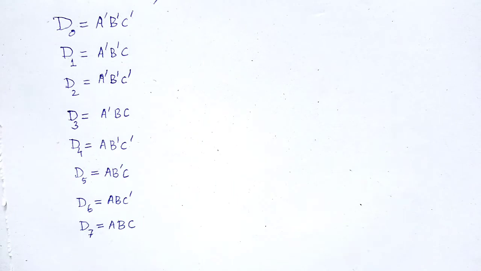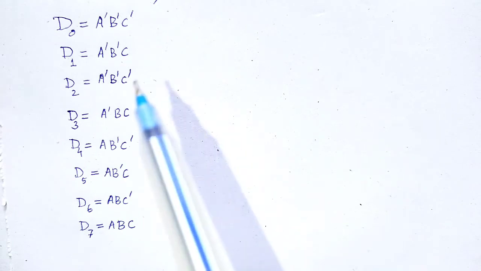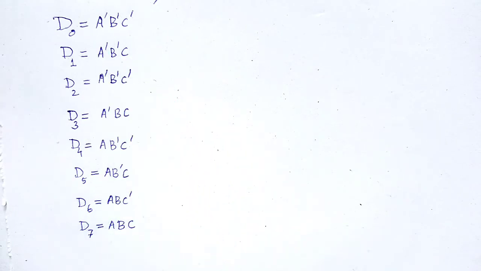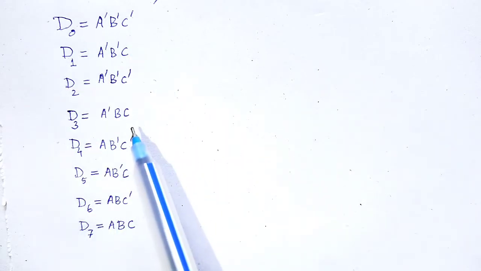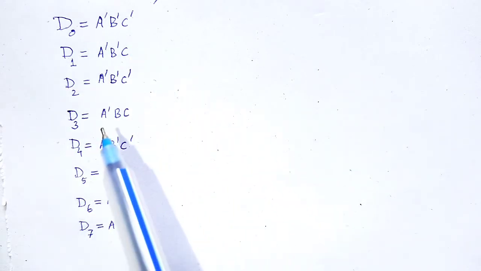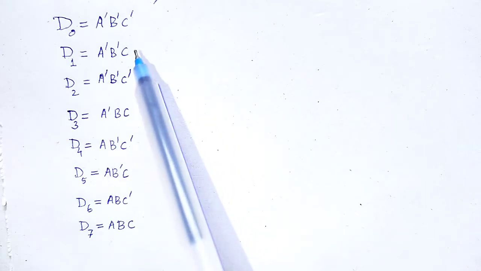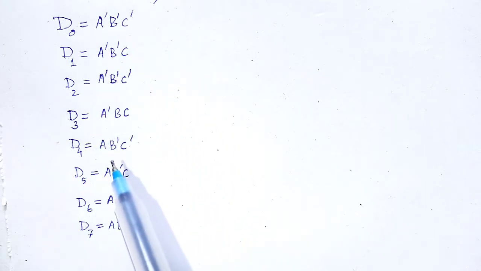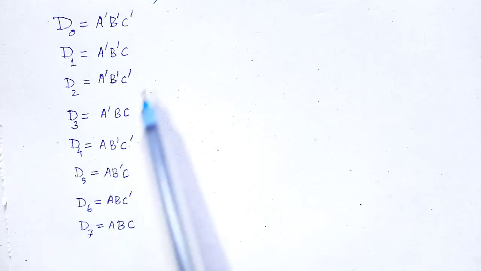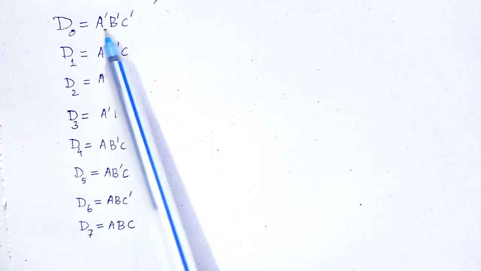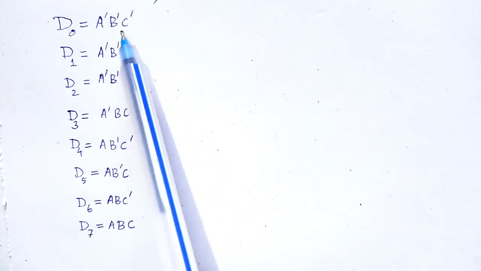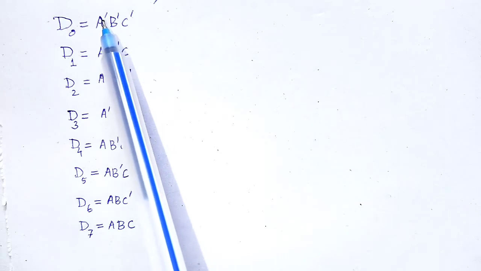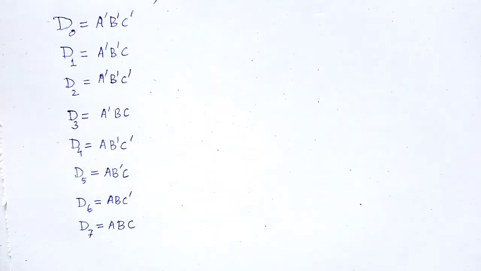Now we implement these Boolean expressions into the logic circuit. To implement these expressions into a logic circuit, we have to use 8 number of AND gates and 3 NOT gates for achieving their corresponding primes A dash, B dash and C dash.